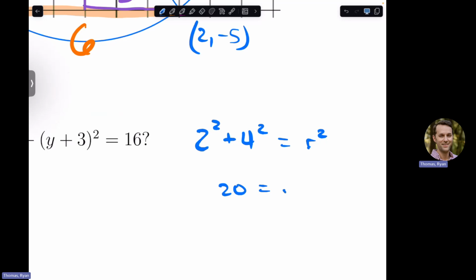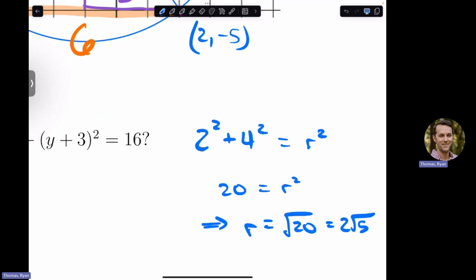So 20. Well, that just means that the radius is the square root of 20, which you can simplify down further a little bit, but that's not really important right now because we're going to end up squaring it in a second anyway. So, it may not come out exactly like 3, 4, 5, like a Pythagorean triple, but it still works.